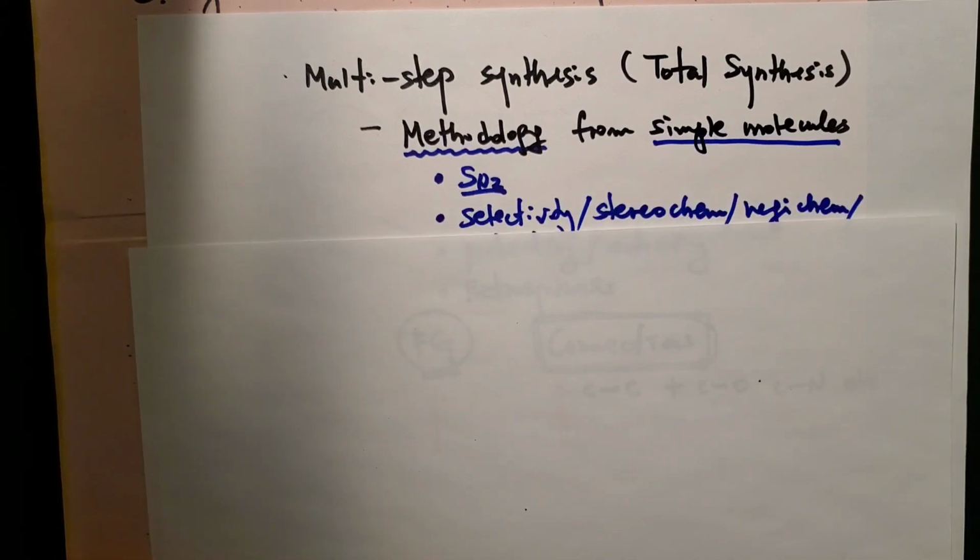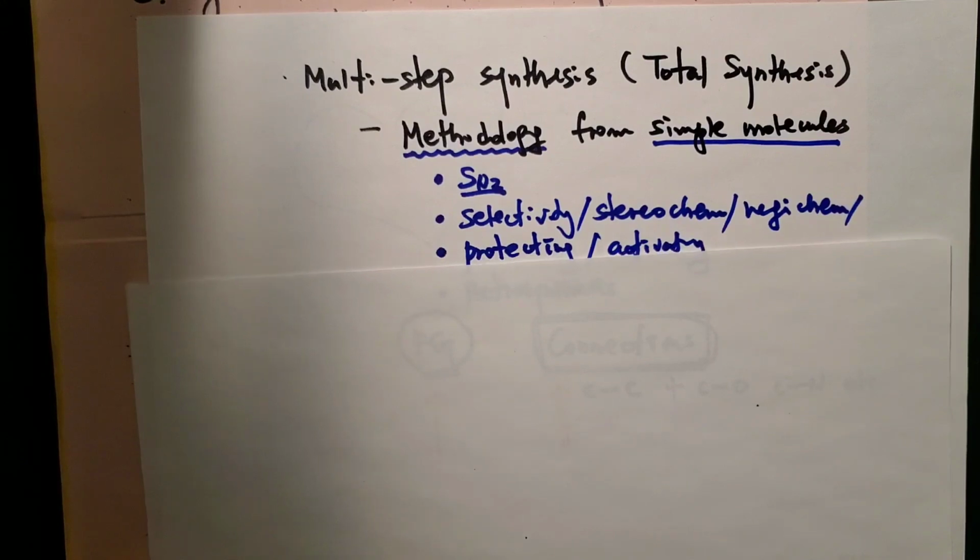So these are the things that I mentioned before, and some methodology you adopt in your multi-step synthesis will be protecting some functional group, because simple methodology with a simple molecule may not work in the multi-step synthesis when you deal with a bigger molecule with multi-functional groups and a lot of side chains attached to it.